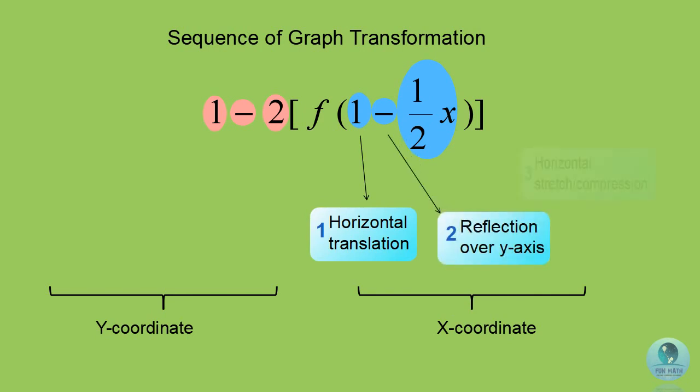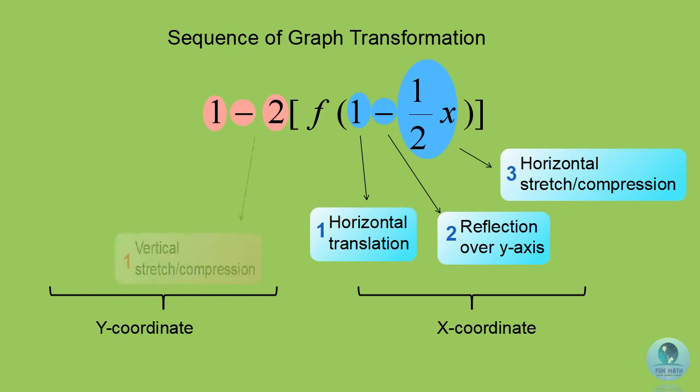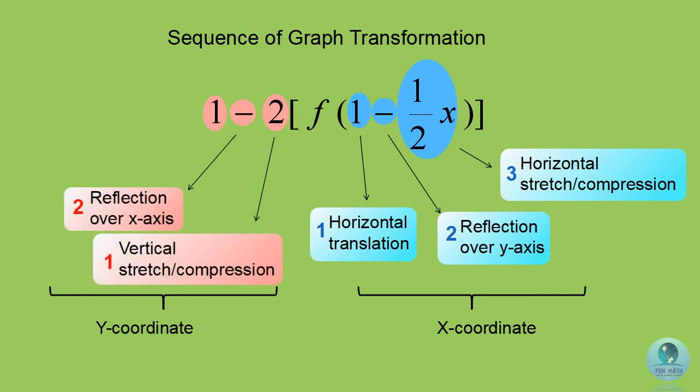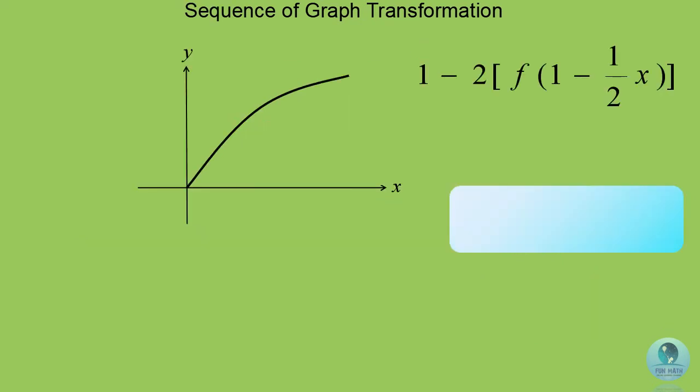After that, horizontal stretch or compression. Subsequently, you will do the vertical stretch or compression, then reflection over x-axis, and finally vertical translation. Now let's look at how this graph transforms step by step.